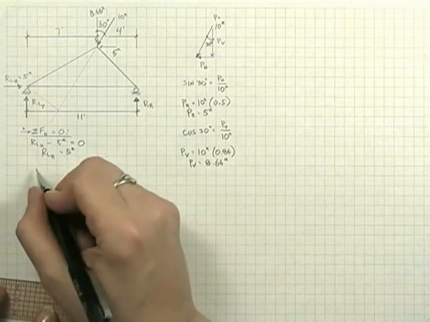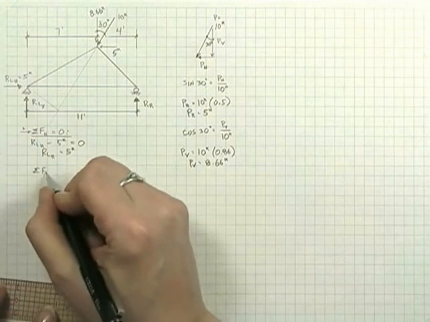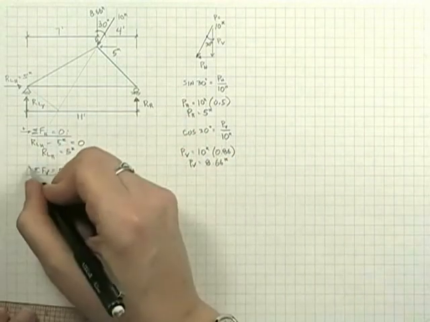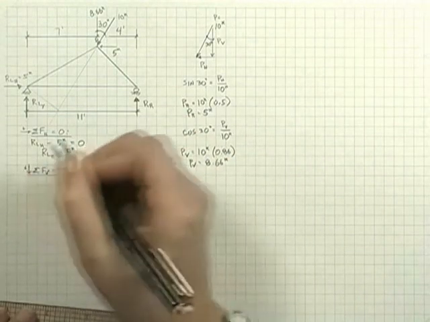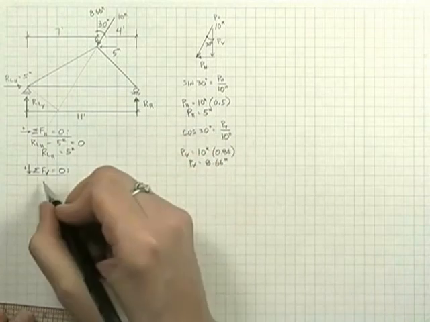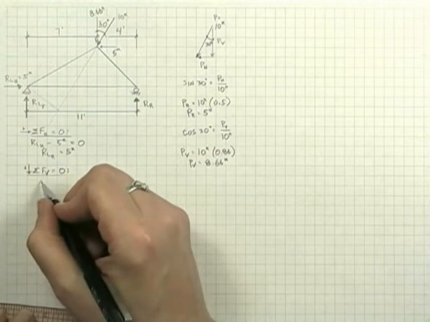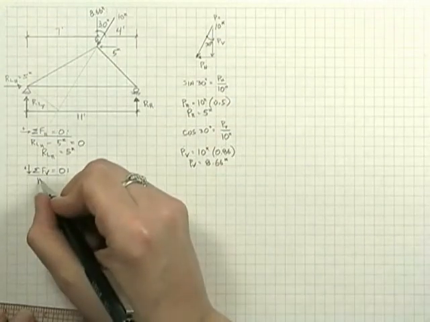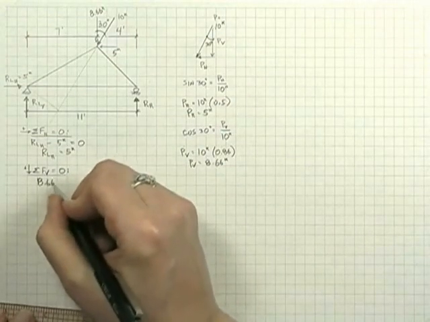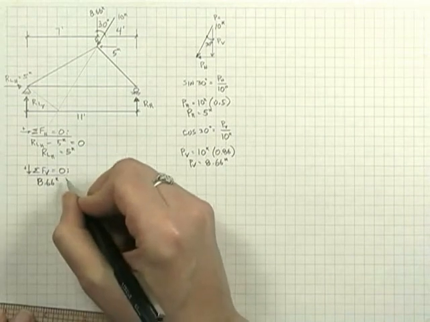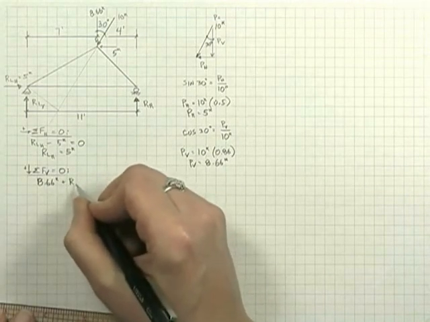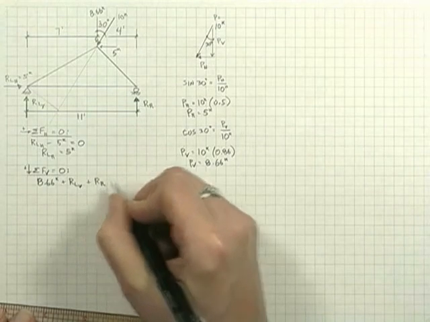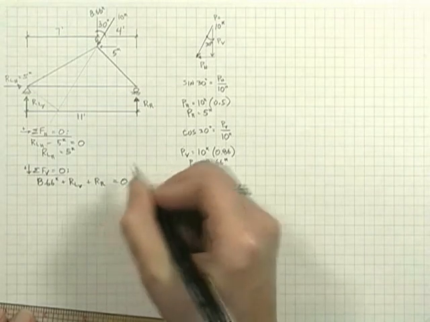Summing forces vertically, we'll again use down as positive. We have the 10 kip force, the 8.66 component of that force, plus R left vertical, plus R right equals 0.